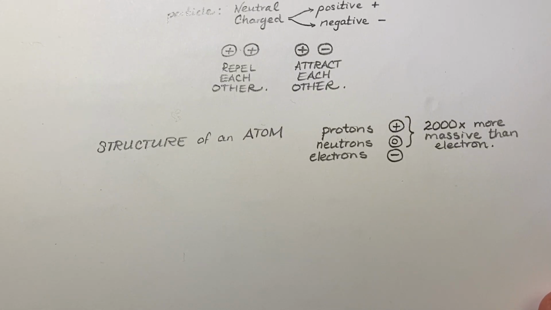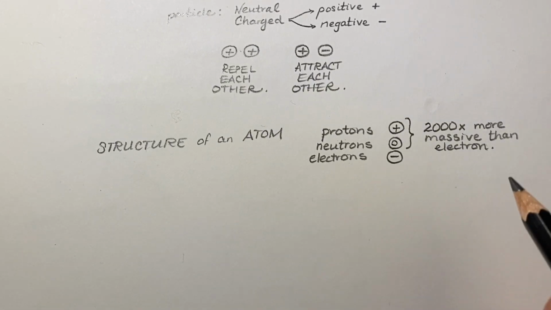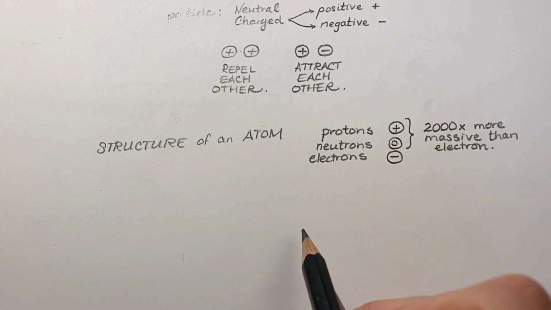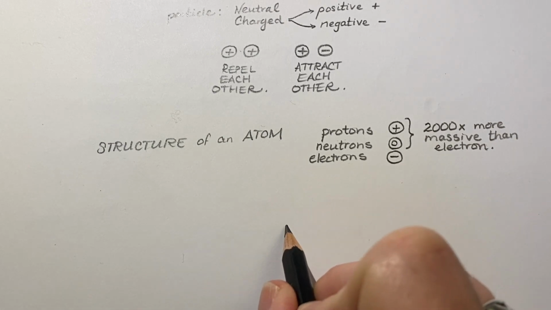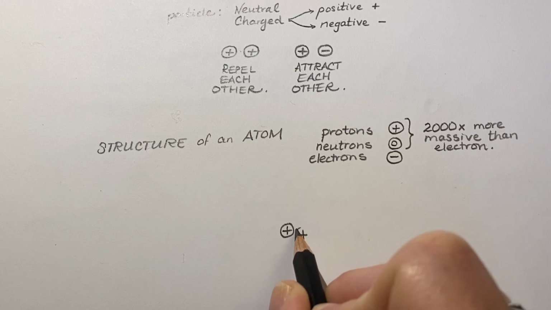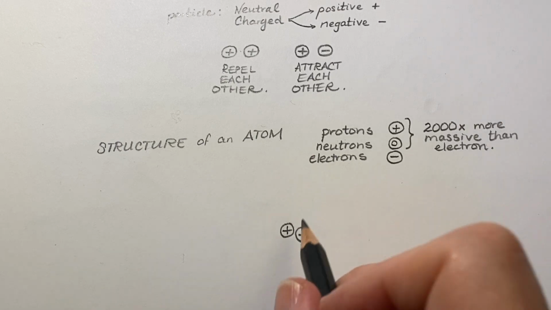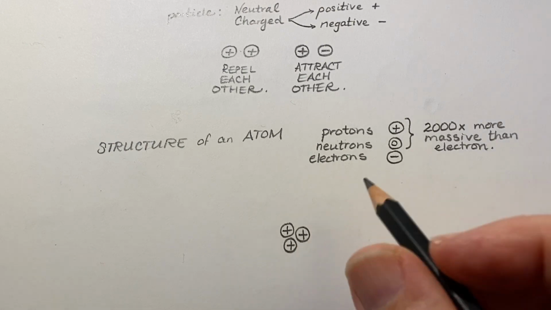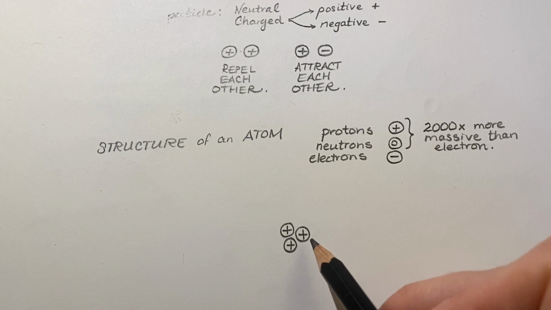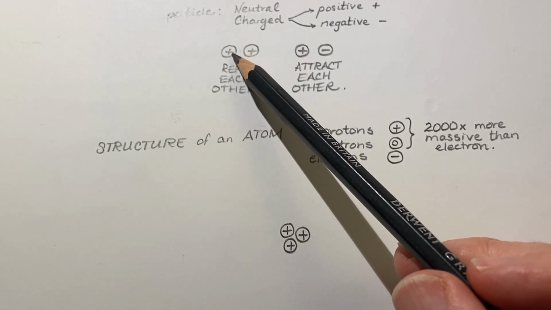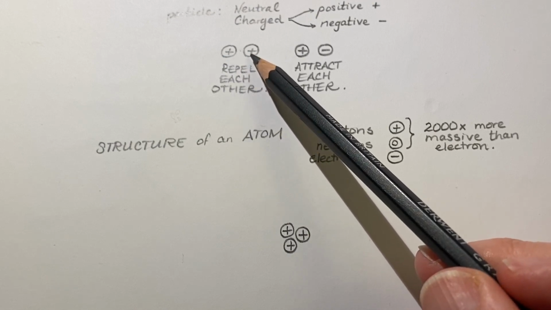So the structure looks like this. We have something called the nucleus that's in the center. And the nucleus has all of the protons that are in an atom. Now, you might be wondering, hey, wait a minute. She just said that the same charge repels each other.